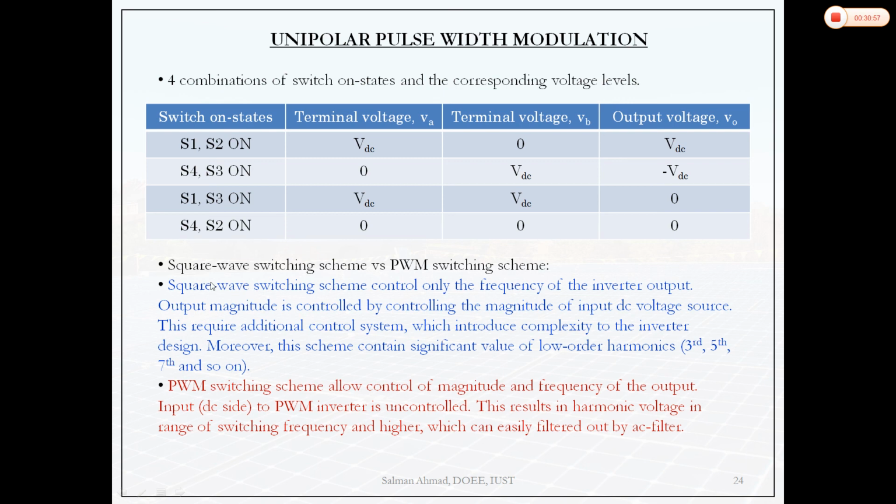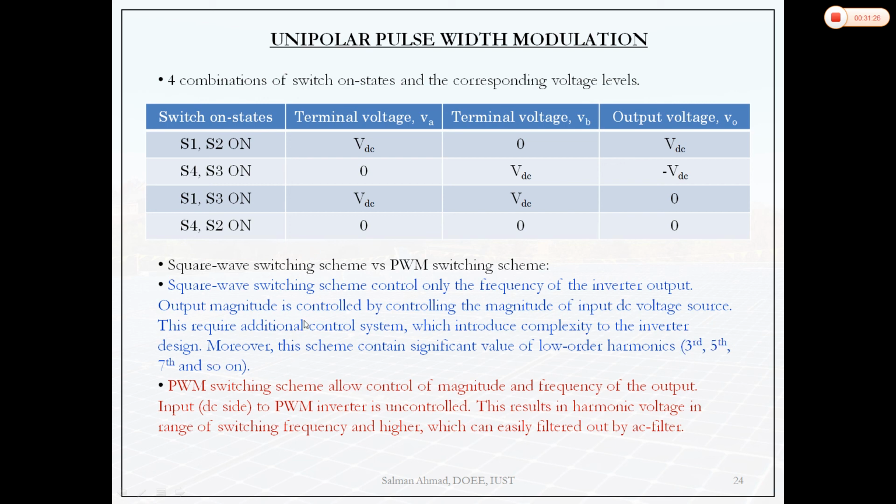However, in pulse width modulation, we can control both the frequency and magnitude of the output voltage by controlling the pulse width. In square wave, this requires an additional control system which introduces complexity to the inverter design. Moreover, this scheme contains significant low order harmonics, that is third, fifth, seventh, and so on.